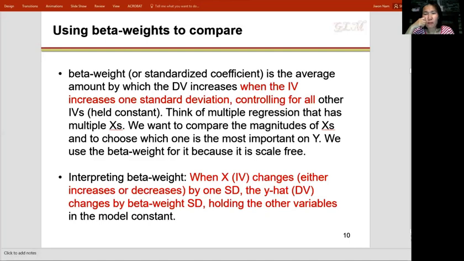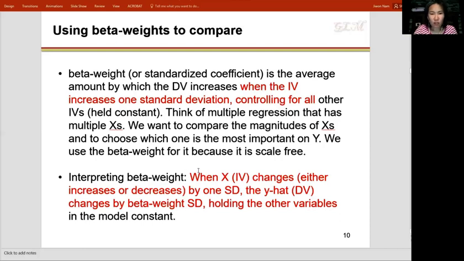I don't remember if I already talked about it, but here is the beta weights concept. How do we interpret that? When the independent variable increases 1 standard deviation, so here the unit is 1 standard deviation, then the amount of the change in y is also in units of 1 standard deviation in y.